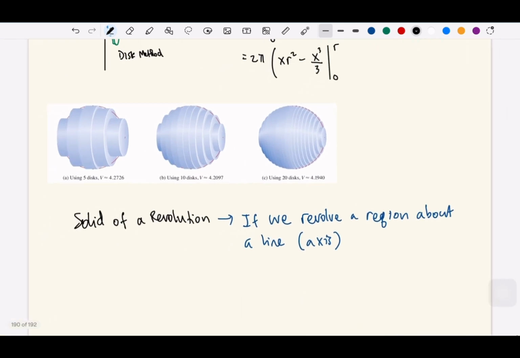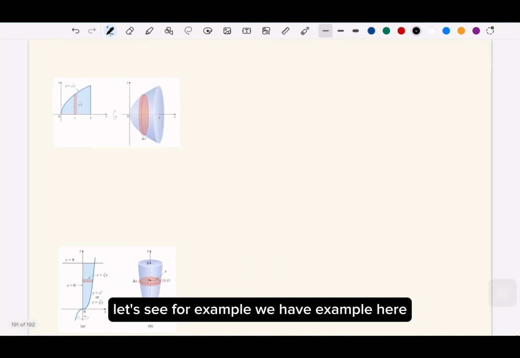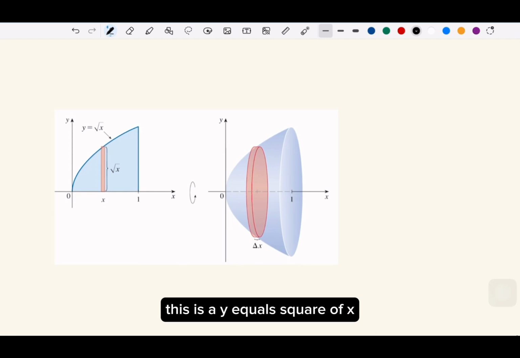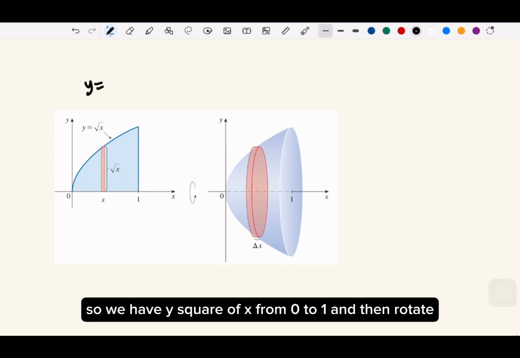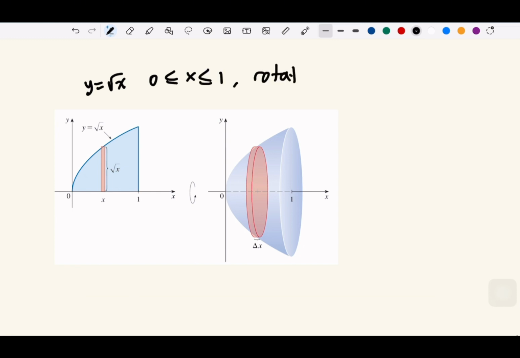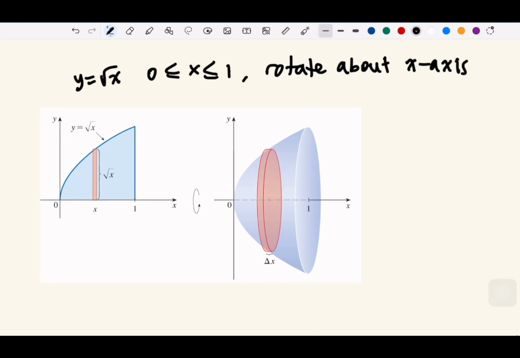Okay, let's see, for example, we have an example here. This is y equals square root of x. So we have y equals square root of x from 0 to 1, and then rotate about the x-axis.